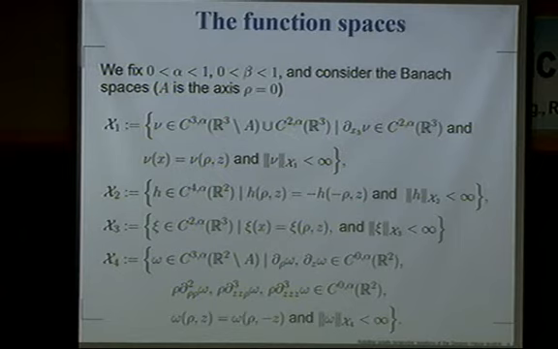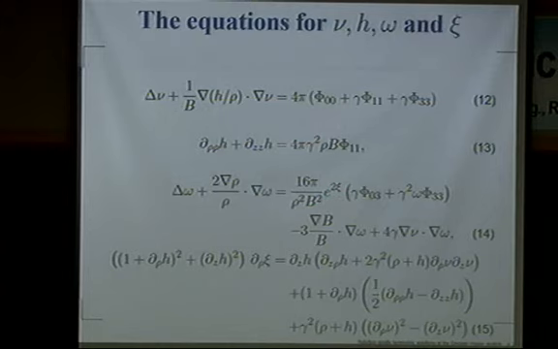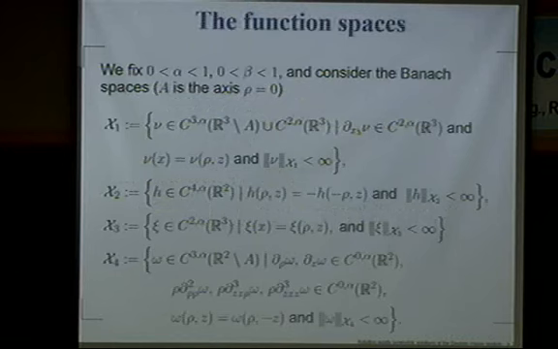For instance, the equation for nu, we like to look at as an equation in R3. However, you see here it's natural to look at it as an equation in R2 because it's just a two-dimensional Laplacian here. Of course, when we have the regularities in R3 and R2, when you go between these situations, you have to be careful.